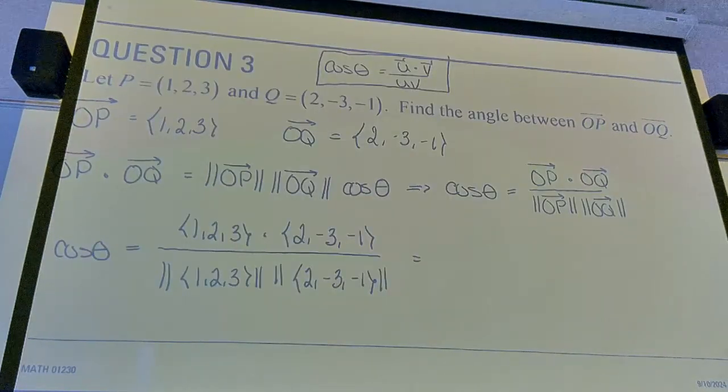What is that dot product? Dot product should always give you a scalar. -7. So 2 minus 6 minus 3.